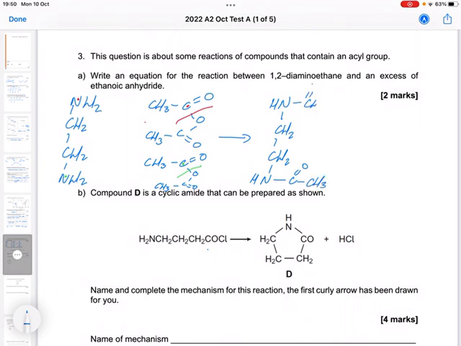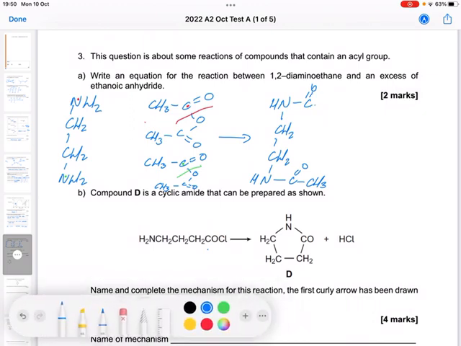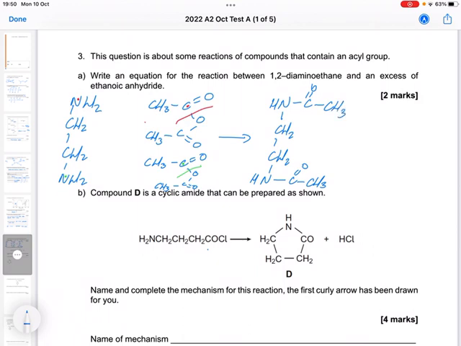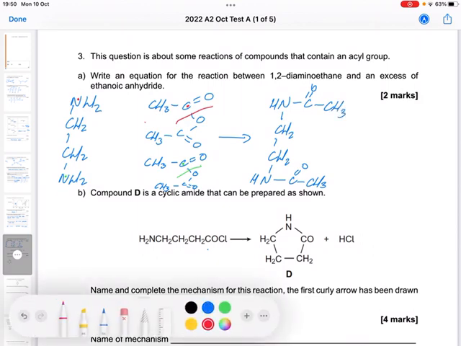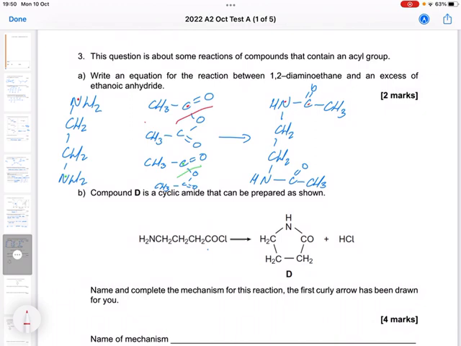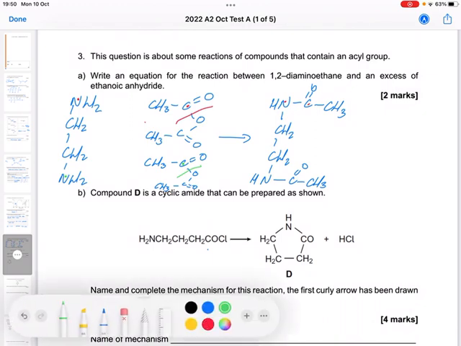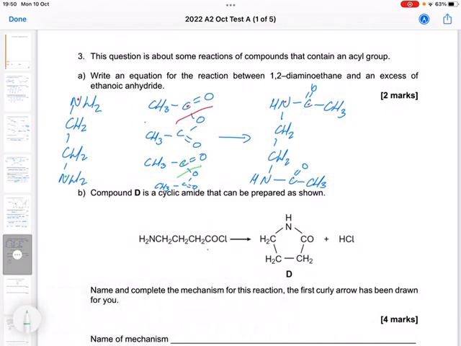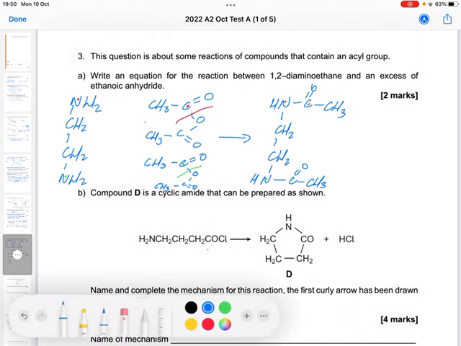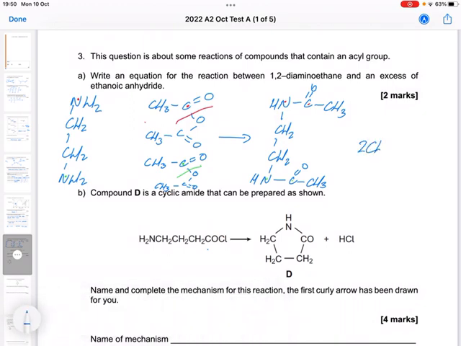Oops, CO CH3. Let's just put the dots on where they've joined together. So there's that carbon to that nitrogen there, and then that carbon to that nitrogen there. And of course, for each of the two where something has come off, I'm going to get two ethanoic acids. So there's that there, and I'm just going to tidy this up.